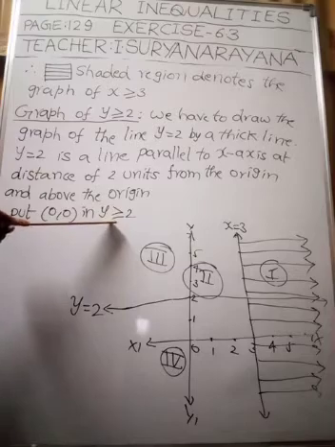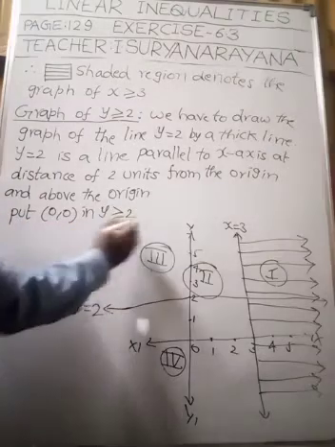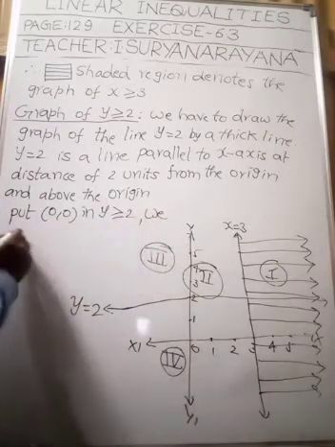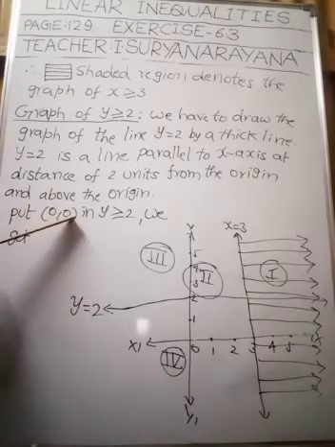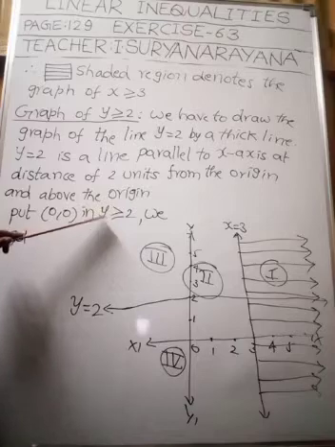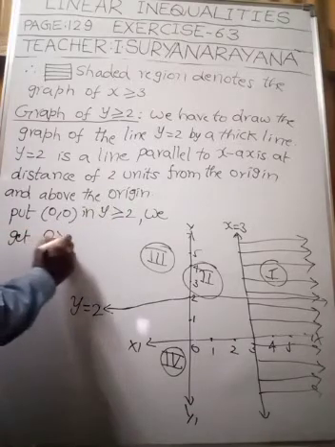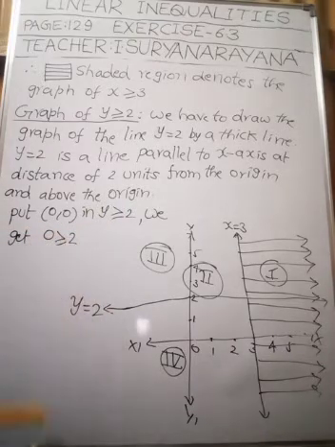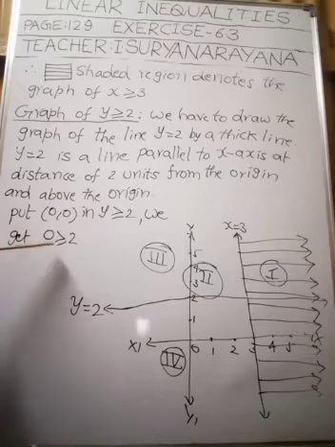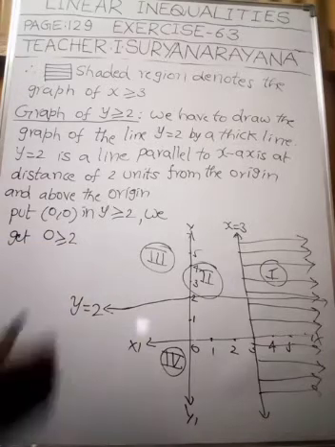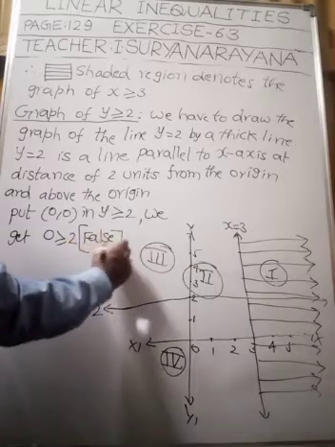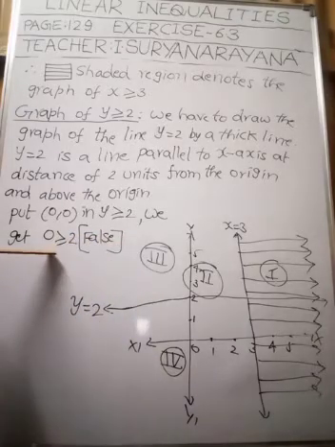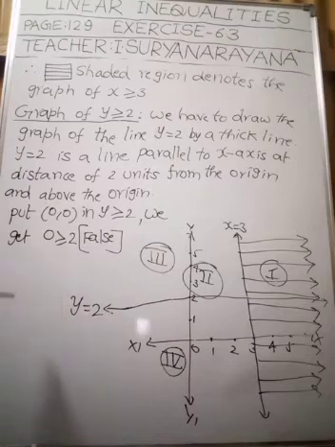Do you remember this point, my children? Then we get, this is x coordinate and this is y coordinate. y coordinate is 0. So 0 greater than or equal to 2. We got this statement. Is it a true statement or a false statement? False. Isn't it, my children? It is a false statement.